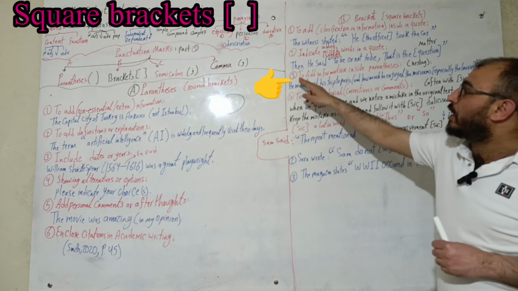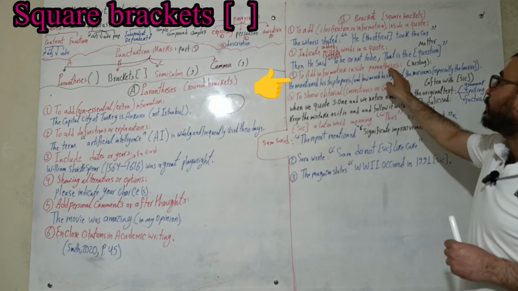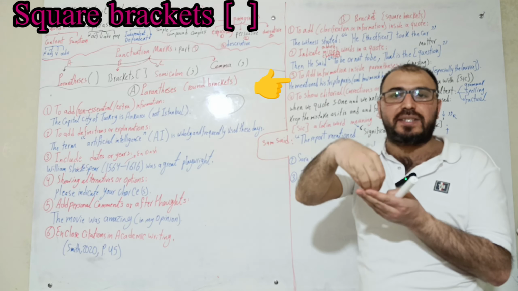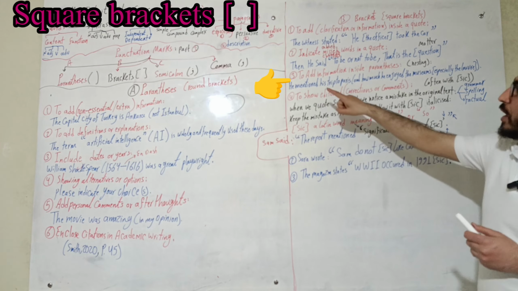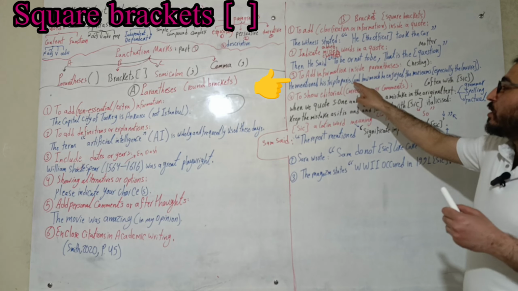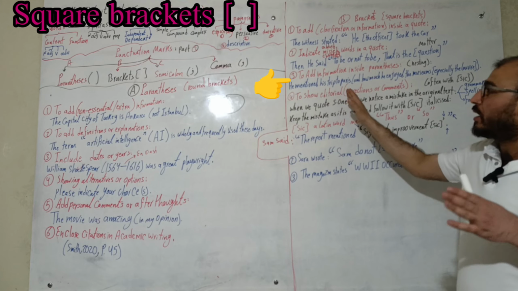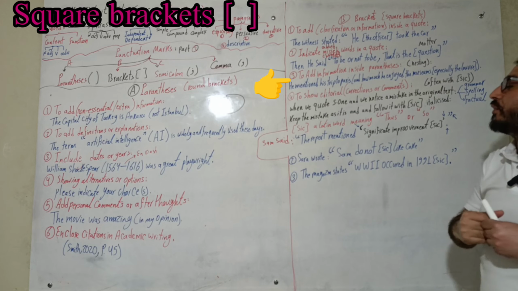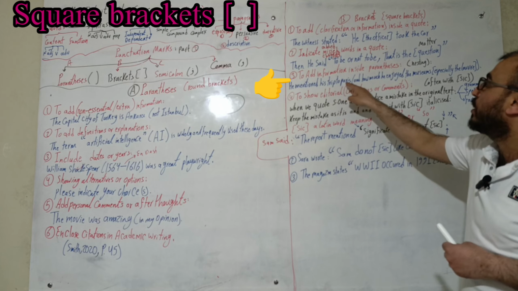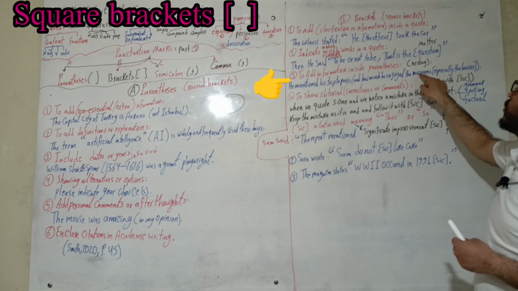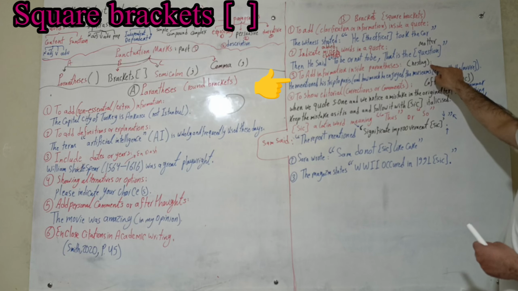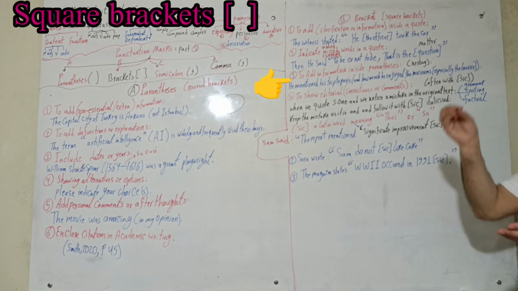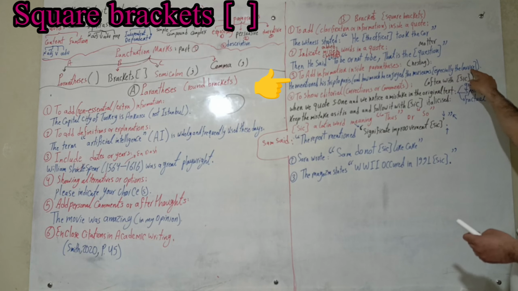And here, my friends, the third use is to add information inside parentheses. It is like explaining what is being explained. Let me give you an example. He mentioned his trip to Paris. So this sentence gives a full meaning, but we want to add more information to clarify what happened. We say, (and how much he enjoyed the museums). We could have stopped here and enclosed it in parentheses, but we wanted to be more specific, and we say [especially the Louvre].